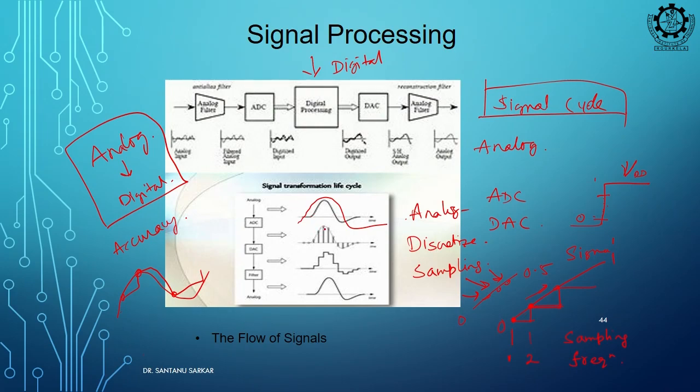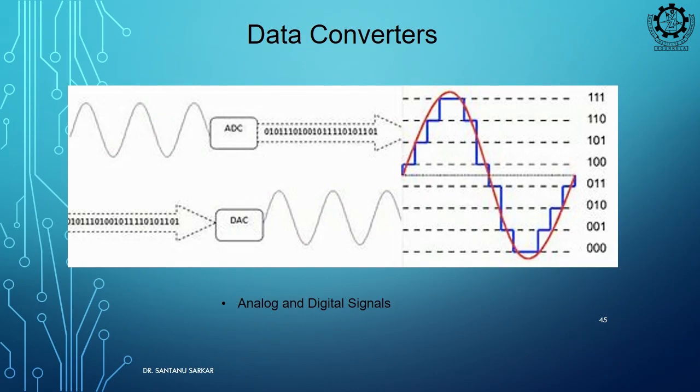First is sampling, next is quantization, and then conversion. Okay. So, not getting into details, but please understand that ADC and DAC are involved in any kind of signal processing.